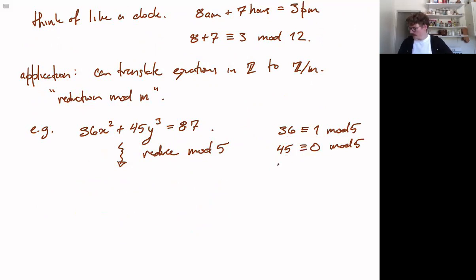And then 87 is 2 more than 85, so it is congruent to 2 mod 5. So the equation becomes 1 times x squared plus 0 times y cubed is congruent to 2 mod 5.